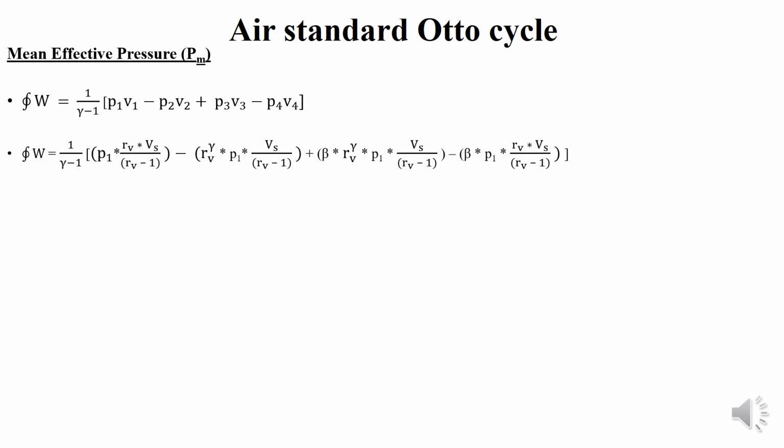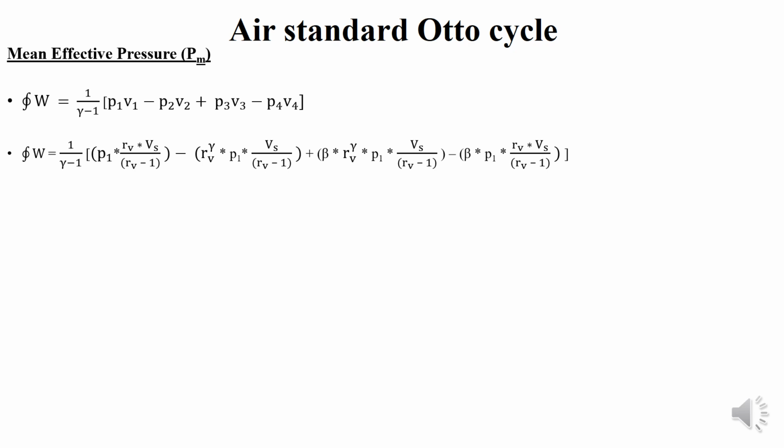So rearrange the terms, and this will be as it is. Next, inside the bracket, 1 minus beta or beta minus 1, whatever it might be, the second and third terms have RV to the power gamma minus 1 common, so beta minus 1 you can take outside.